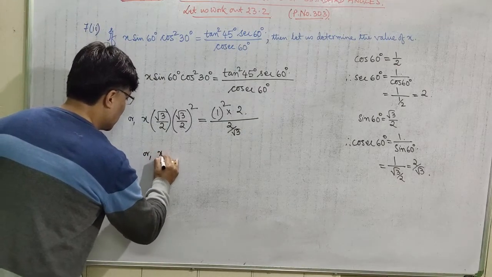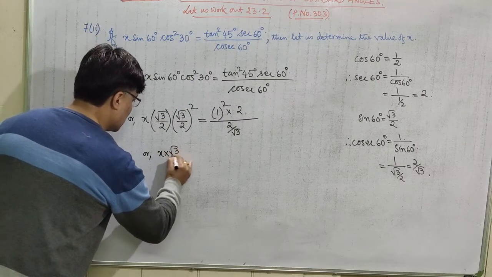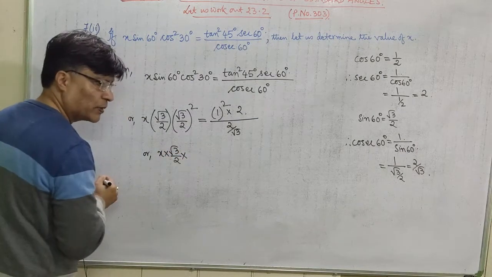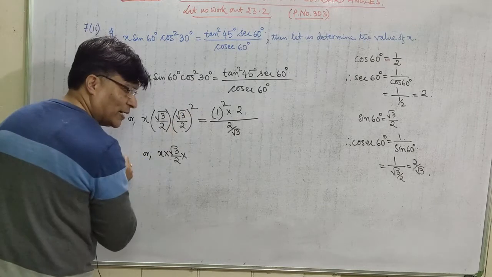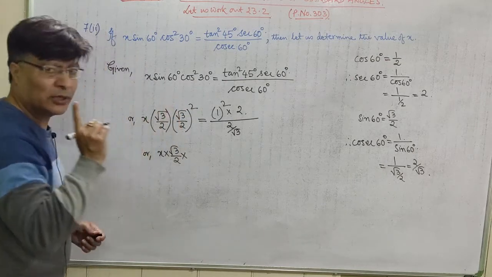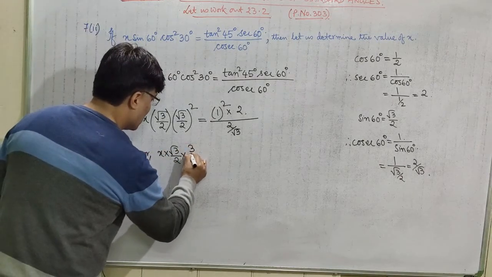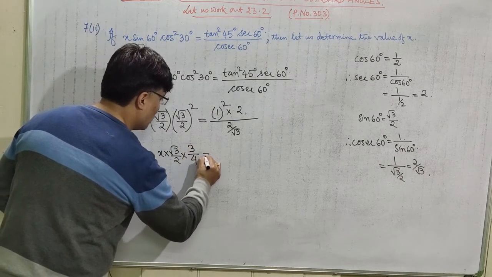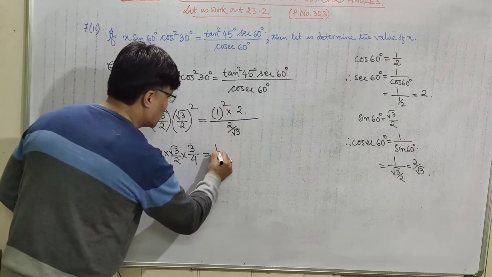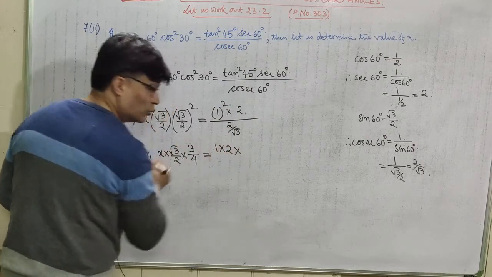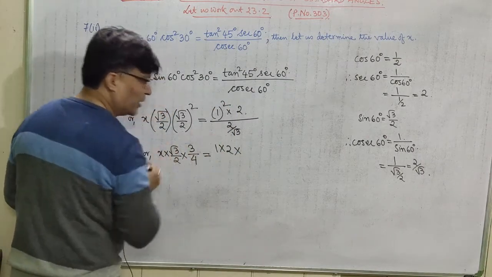So x into root 3 by 2, what is root 3 whole square? Root 3 whole square is root 3 into root 3, root 9, that is 3, divided by 2 whole square is 4, which is equal to 1 whole square is 1, into 2 by root 3.